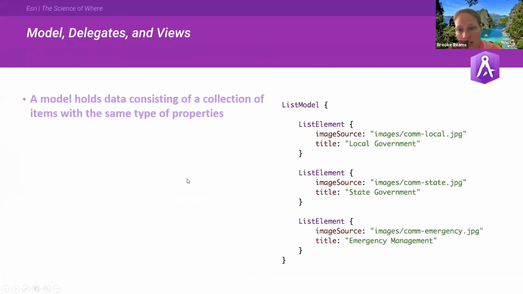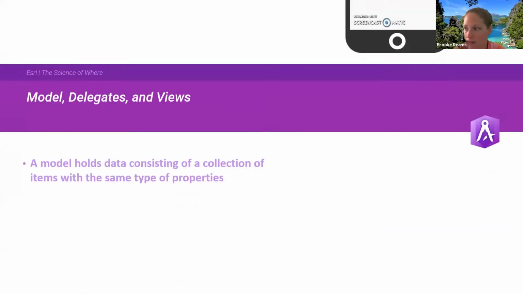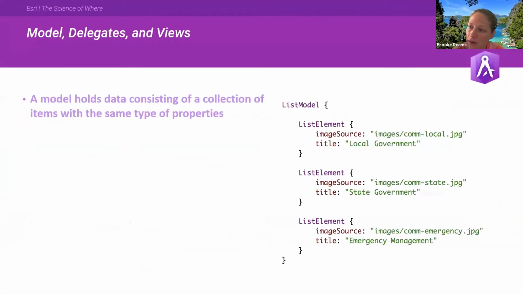Okay, so the next thing that I want to talk about is this concept of a model, delegate, and view. This concept is a way to keep your data separate from the UI view that you're using to display the data.